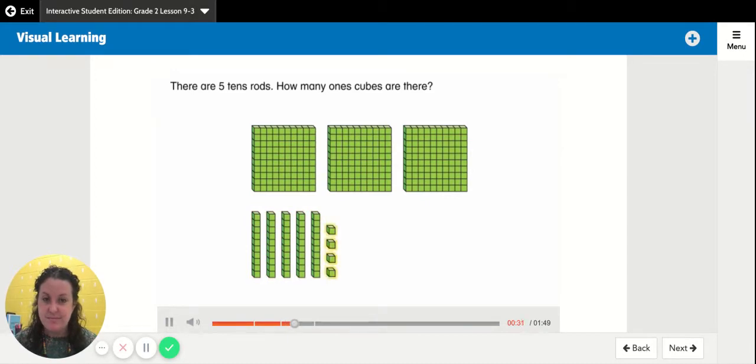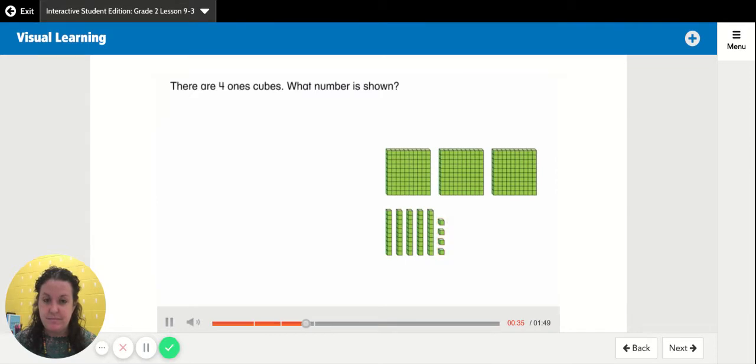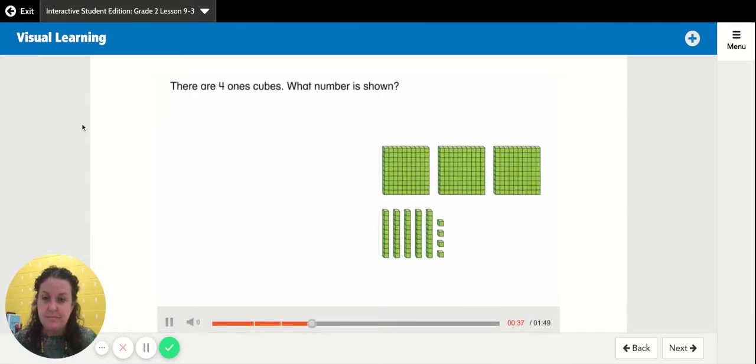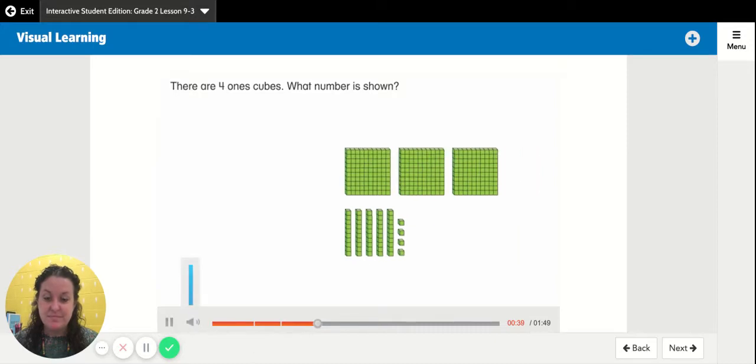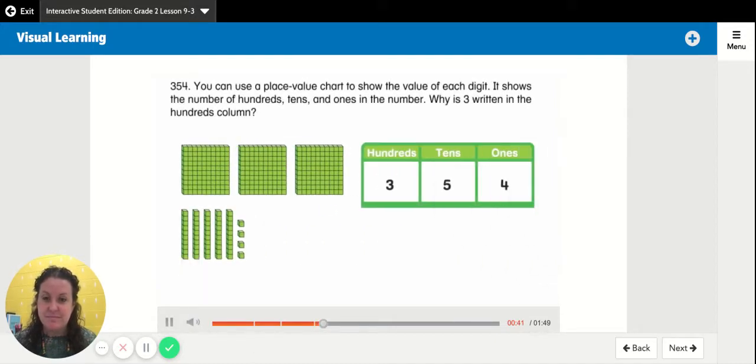How many ones cubes are there? There are 4 ones cubes. What number is shown? You say it. What number is it? 354.